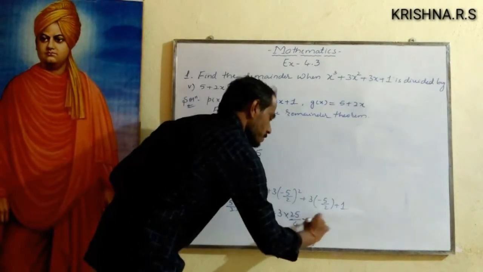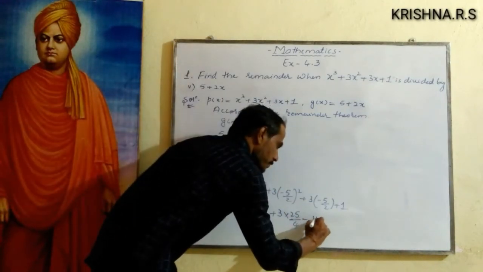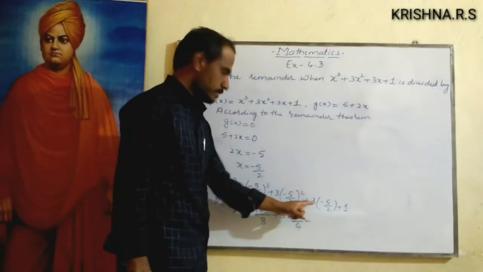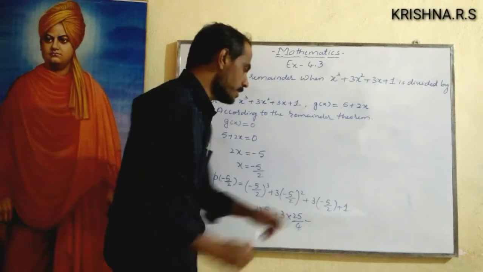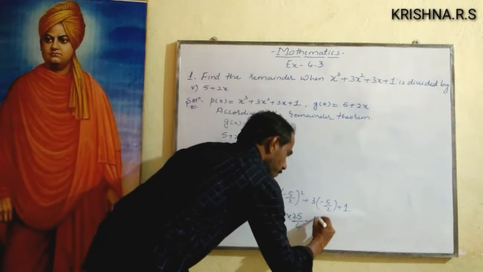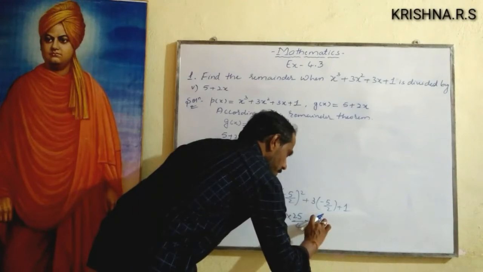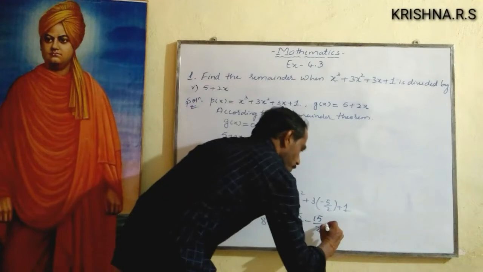Plus into minus 3, 5 threes are 15, by 2 as it is, plus 1.